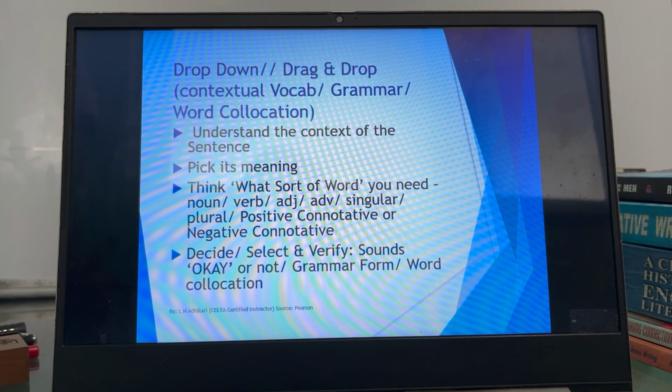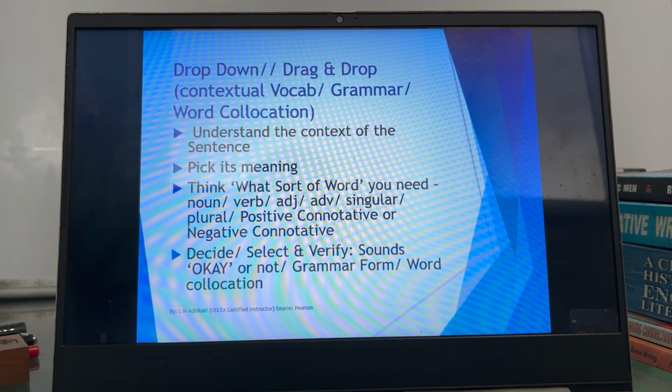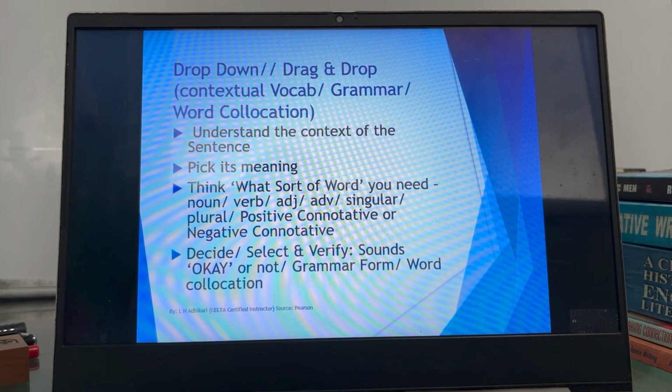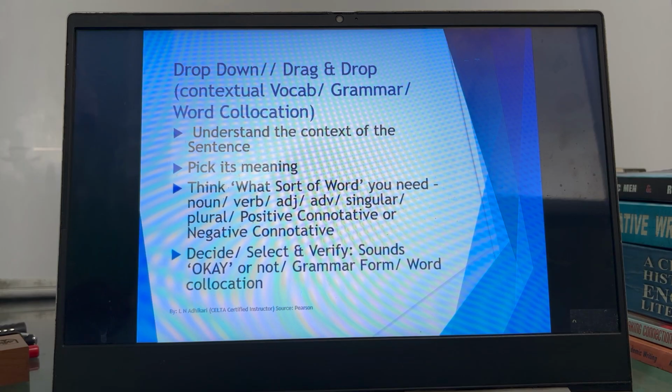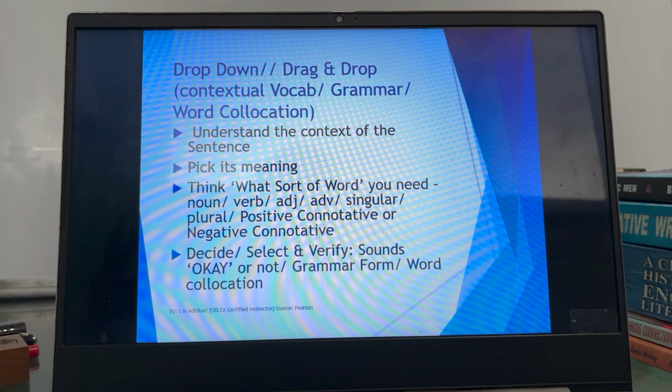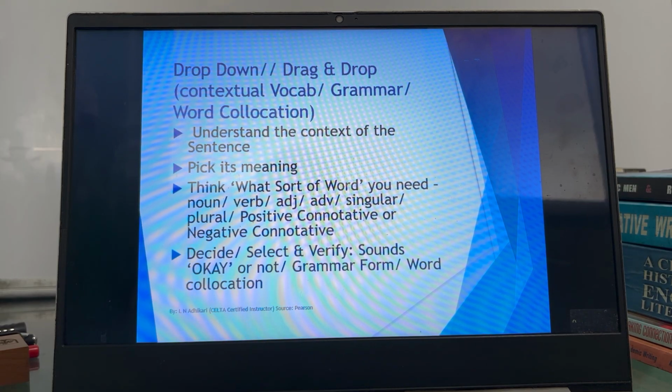I mean, you need to understand the meaning of that sentence, and you need to think what sort of word you actually need, whether you need a noun, a verb, an adjective, or an adverb, whether you need a positive or negative connotative word. Then you need to decide. You need to select, you need to drag and drop.